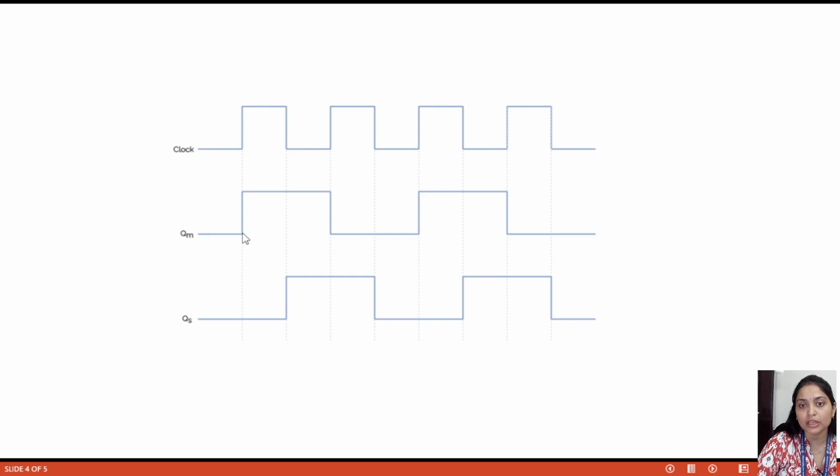QM works when the positive clock pulse is going on, and it changes from the 0 state to the 1 state. It continues until the next positive going pulse comes, then it goes back from state 1 to state 0.